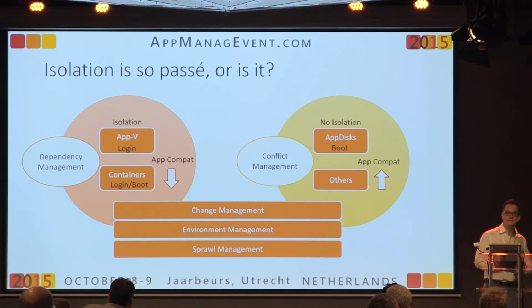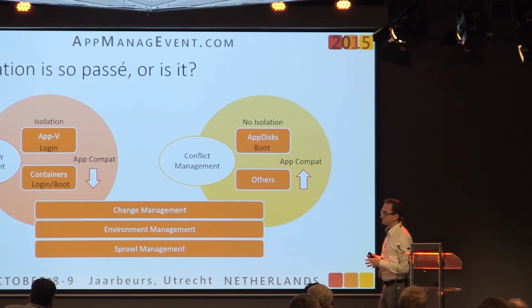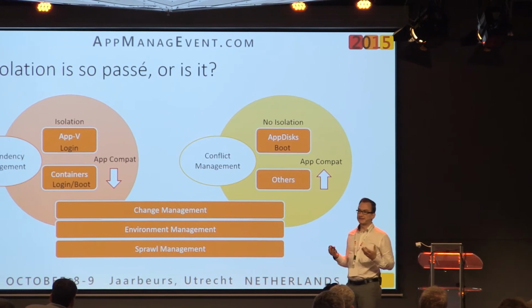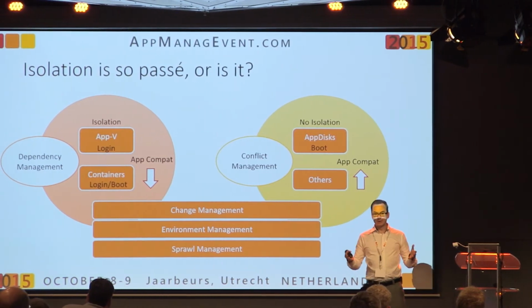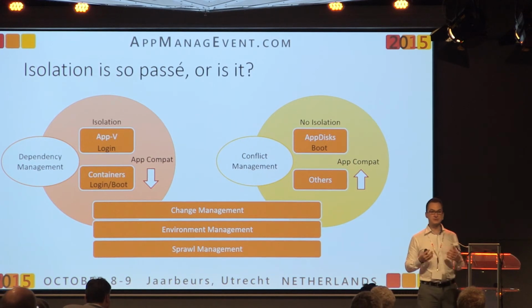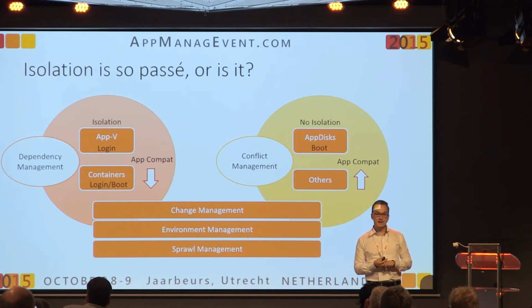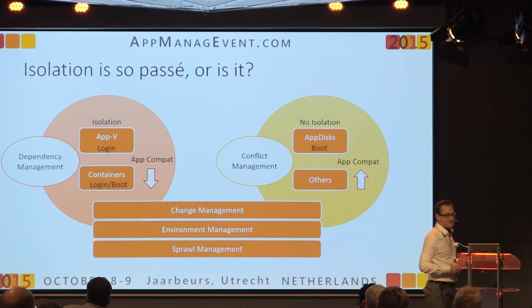That could be as simple as pushing out new GPOs or security settings across the organization. And sprawl management, which is really the fact that as technology matures, it splinters, and organizations become more and more complex by having different technologies, different operating system stacks within the organization. And that sprawl is really difficult to deal with.